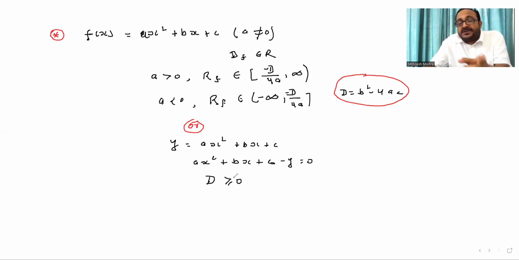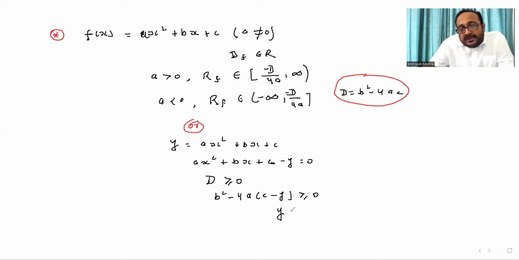And for real roots, discriminant must be greater than or equal to 0. That means b² - 4a(c - y) must be greater than or equal to 0. You will find y, that will be the range of the function. So these are the two methods, although this will be easy. Directly put the value of D and a. Right? See one example.